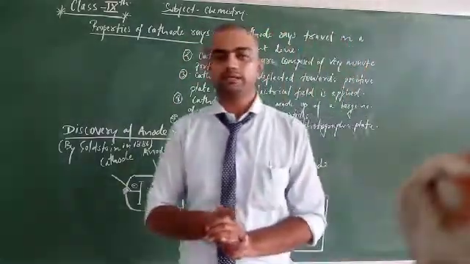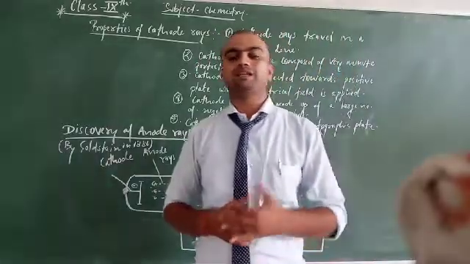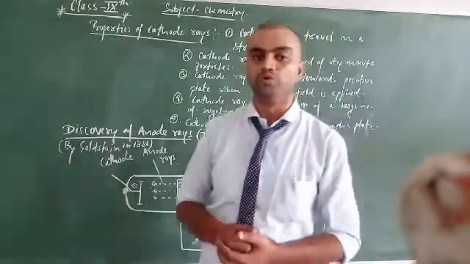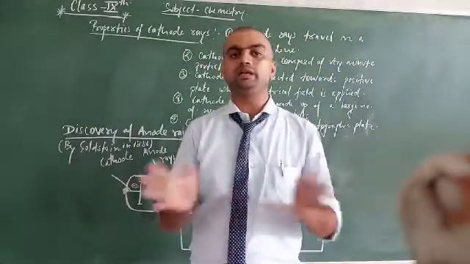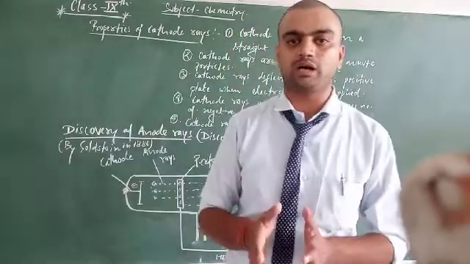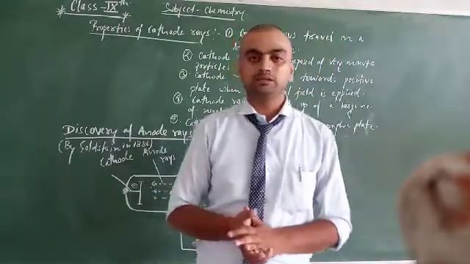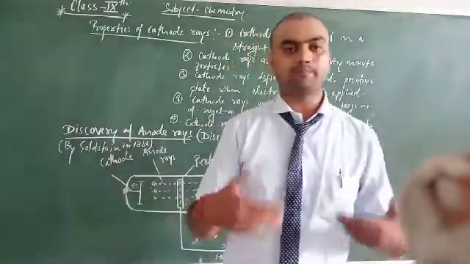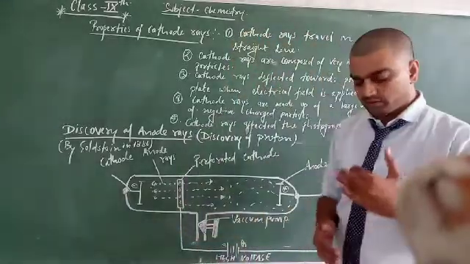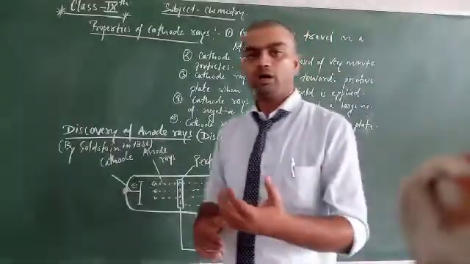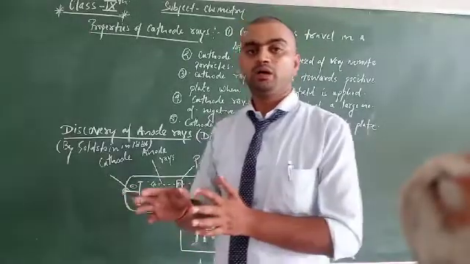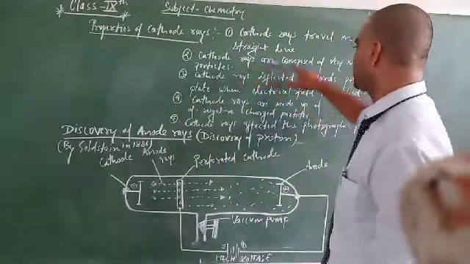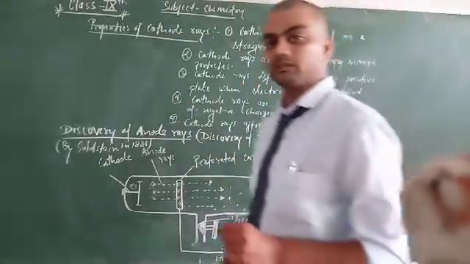He put a light paddle wheel in the path of the cathode rays, and predicted that if the paddle wheel starts to move, then it clearly indicates that the rays are composed of some minute particles. Clear? And when the experiment was performed, it was the same as predicted. Clear? So the cathode rays have the tendency to move the light paddle wheel, and that's why we can say that the cathode rays are composed of very minute particles.